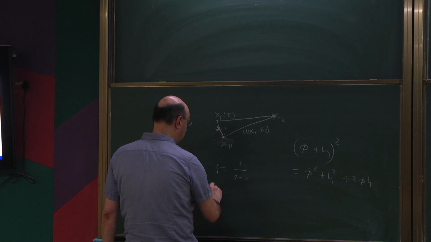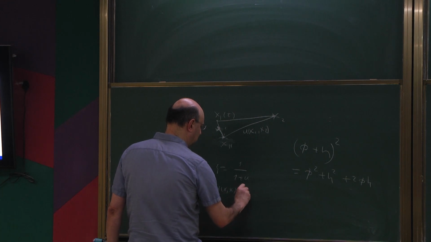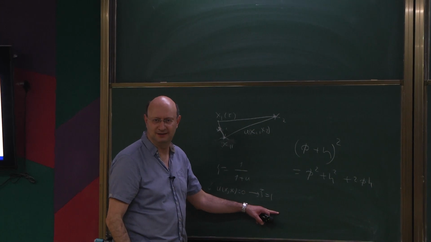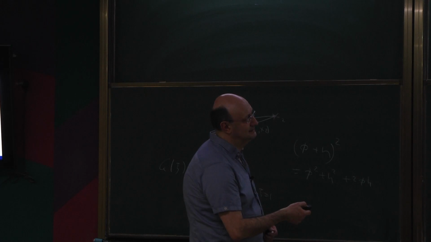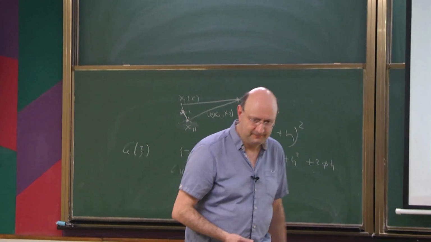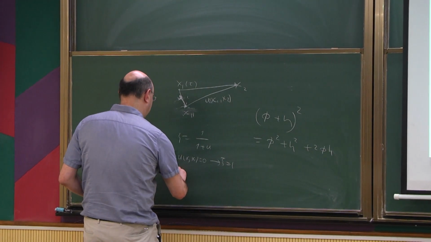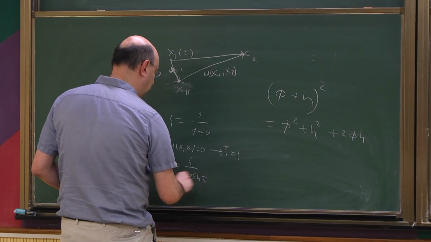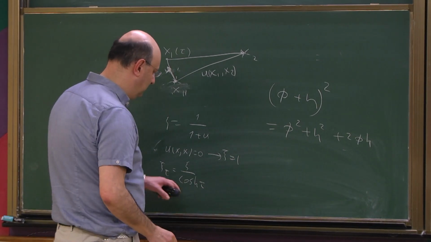The coincident limit, u of x comma x with 0, means psi equals 1. So this term without the regulator will be infinite, right? Psi is defined by cosine tau, so in the coincident limit that becomes 1 over cos tau.